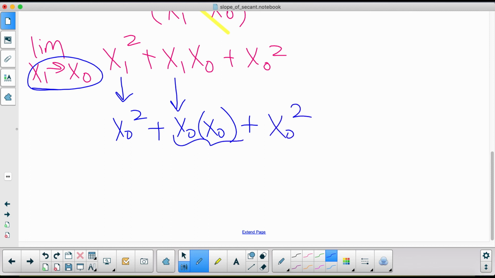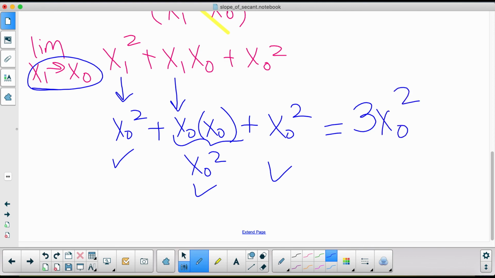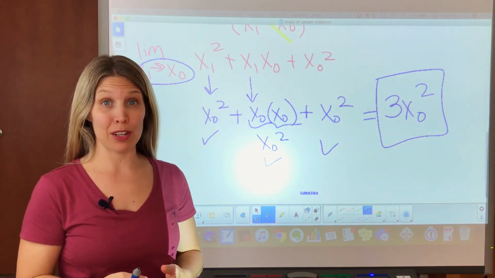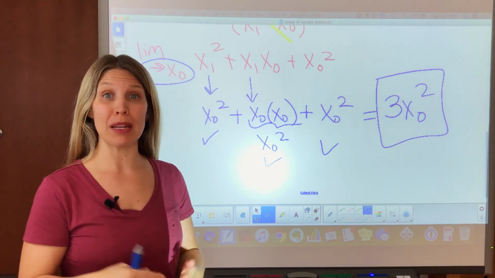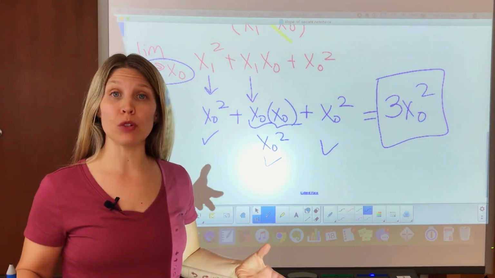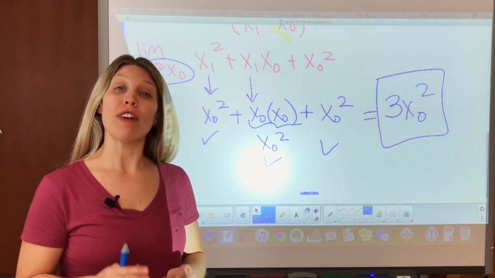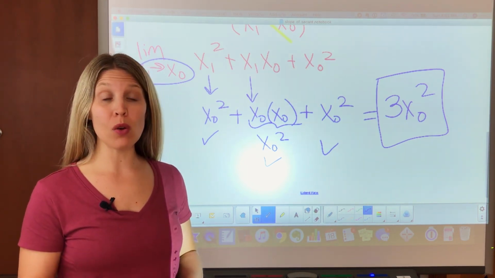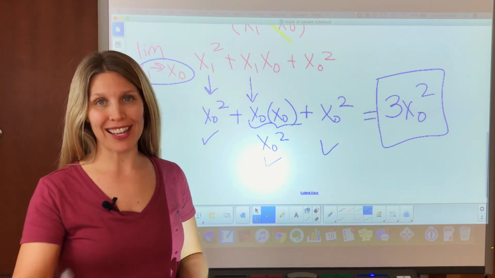So this guy right here is just x sub 0 squared. So you have 1, 2, 3, x sub 0 squared, which is the same answer that you got when we did it with the limit as h goes to 0. So again, you can choose either way, you don't have to do both, but this is an example of how you can use the limit as h goes to 0 and the limit as x sub 1 heads to x sub 0.